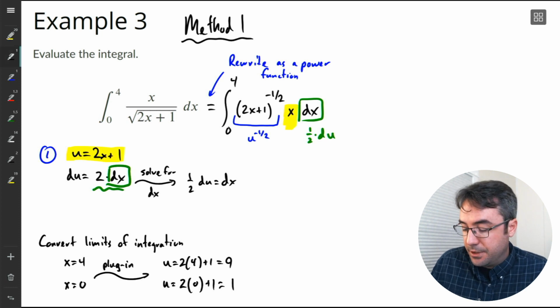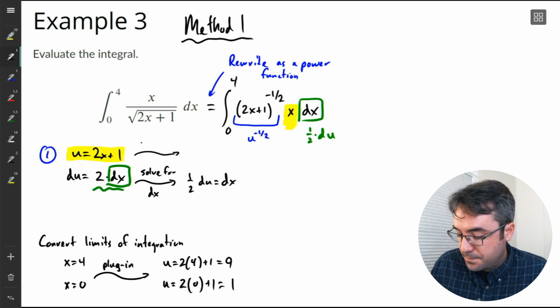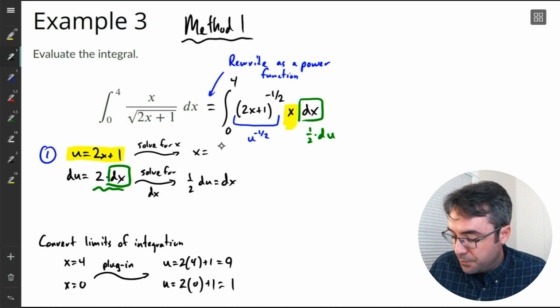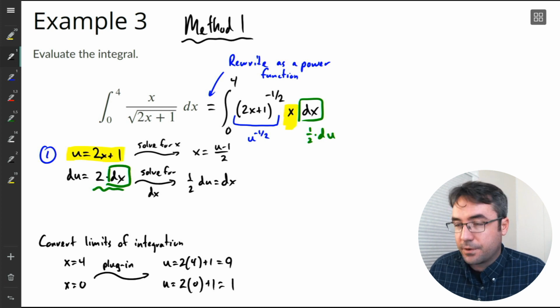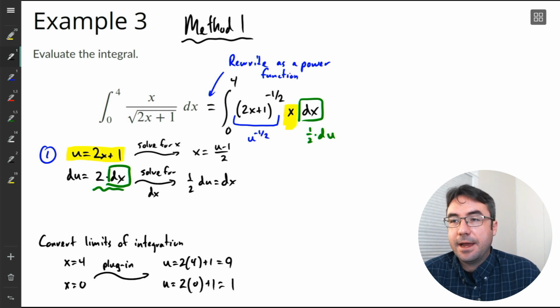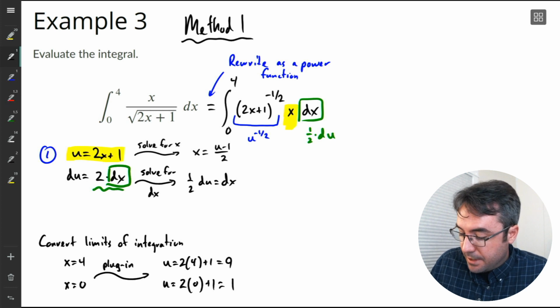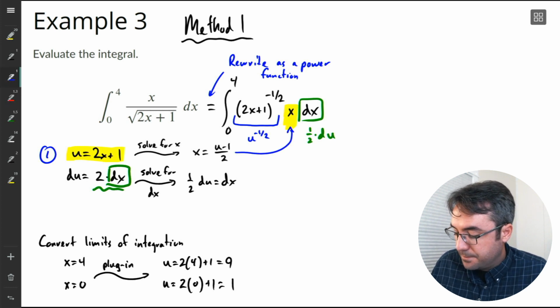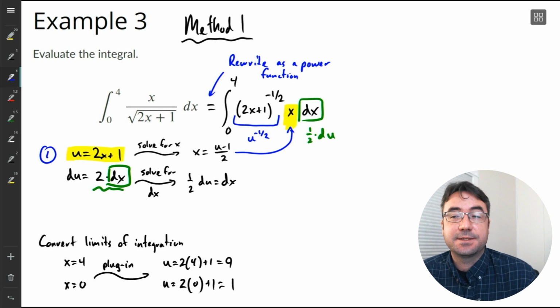And that's exactly what we're going to do. We're going to solve that for x. And if we do that, we get x is equal to u minus 1 over 2. So subtract 1 from both sides and then divide by 2. And that's exactly what's going to get plugged in right there in the middle, right where that x is.